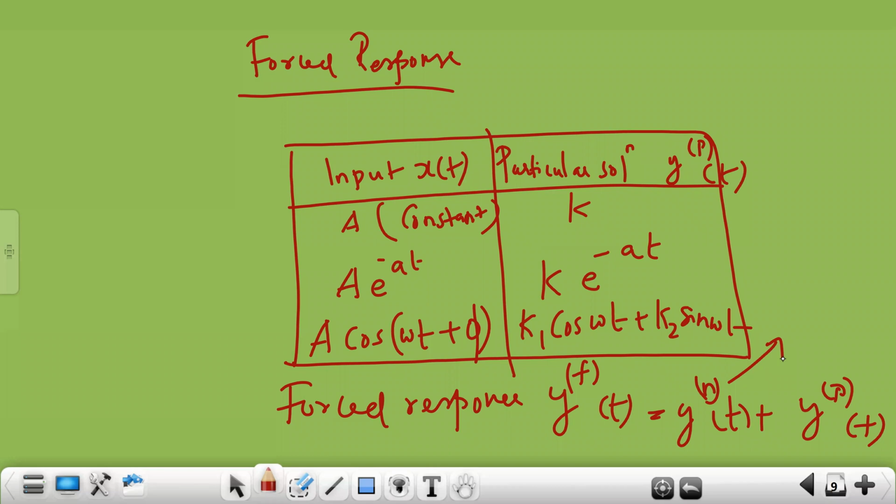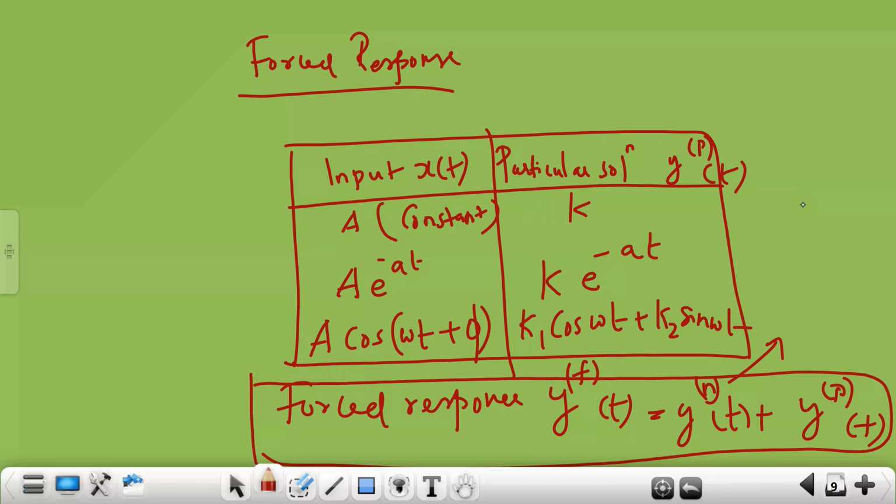So particular solution plus natural solution will give you the forced response. So this logic you need to apply in the upcoming problems, provided with this particular table. So all these three cases you need to study. Correspondingly you will be applying the solutions.